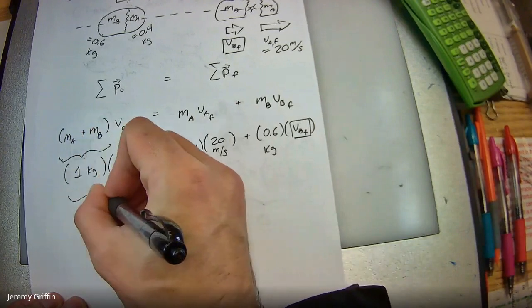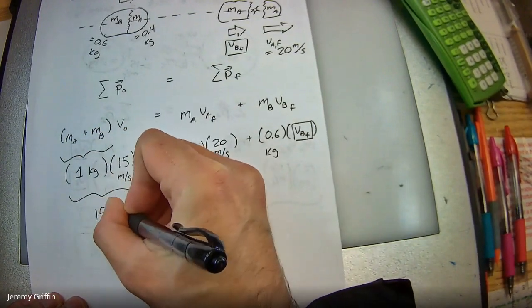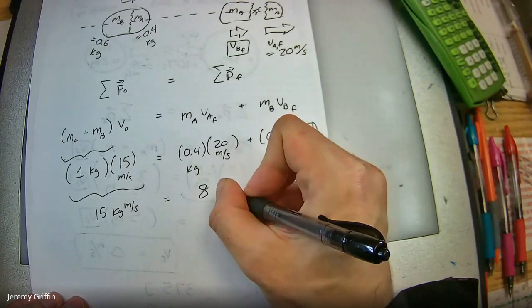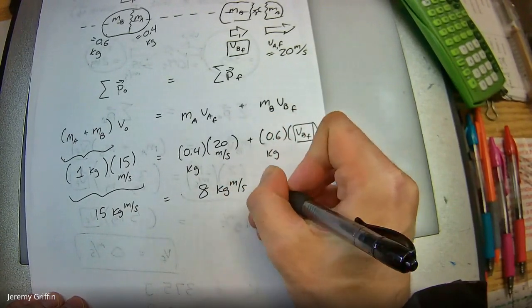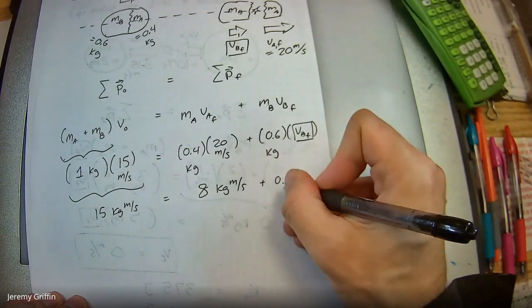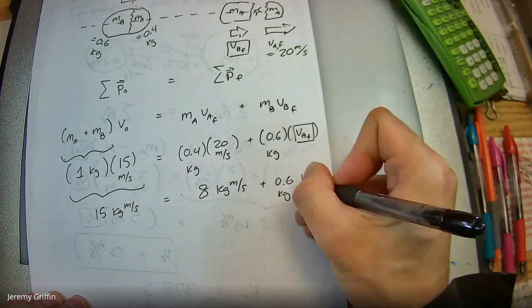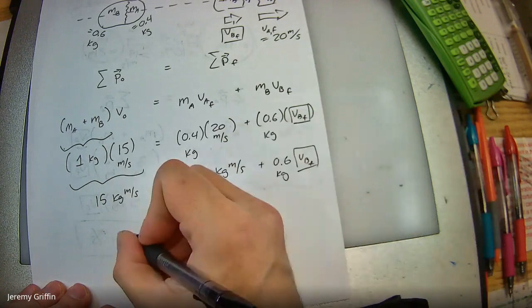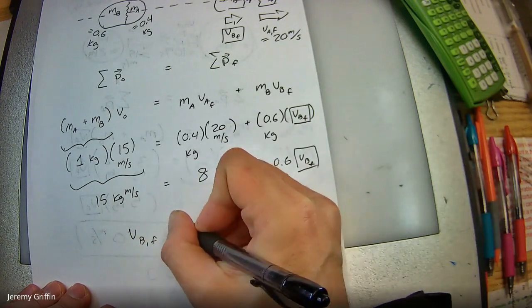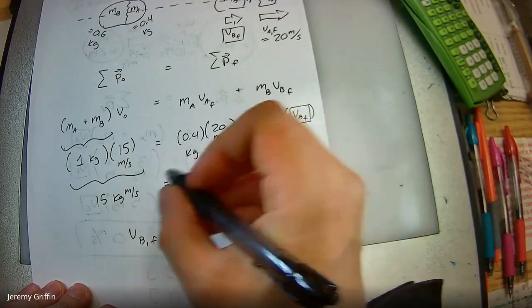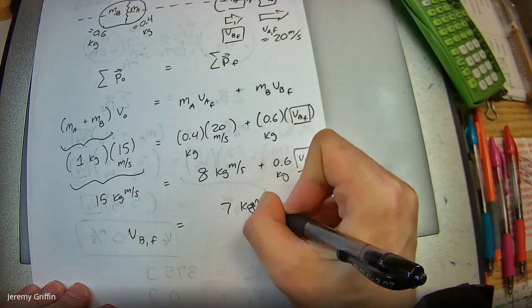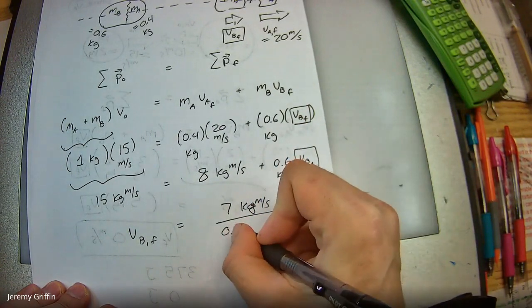So I got 15 units of momentum. 8 units are going to route into that piece, and the other 7 are going to route into piece B. So velocity B final is equal to 15 minus 8, that's 7 kilogram meters per second, acting on 0.6 kilograms.